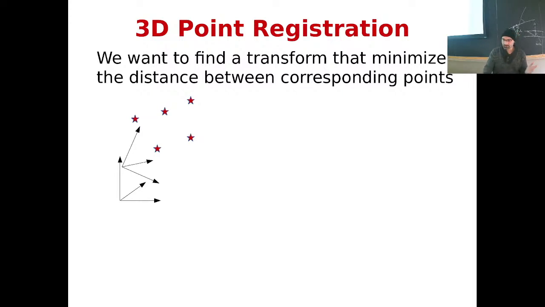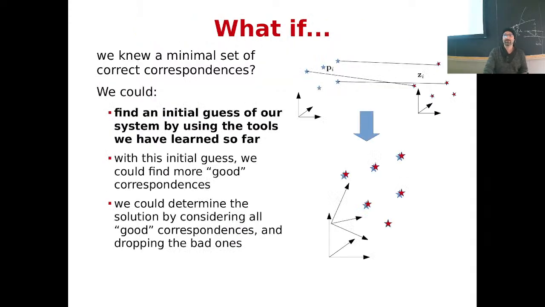Now, what could we do in this case? We could bring ourselves to the easiest case that would resolve the problem. I said we don't know the correspondences, but what could we do if we know not all the correspondences between the points, but we know a minimal set?